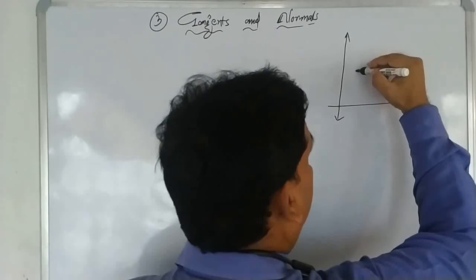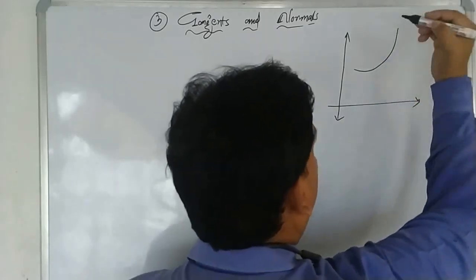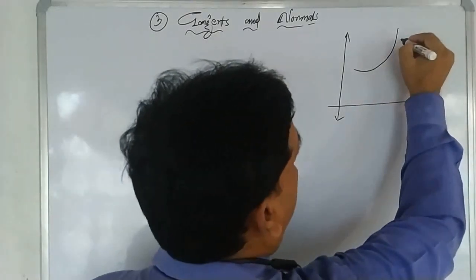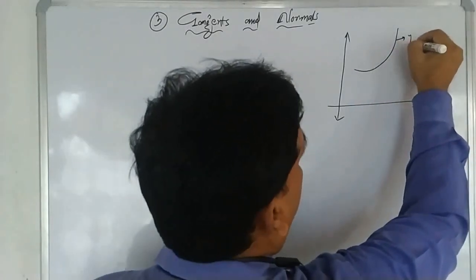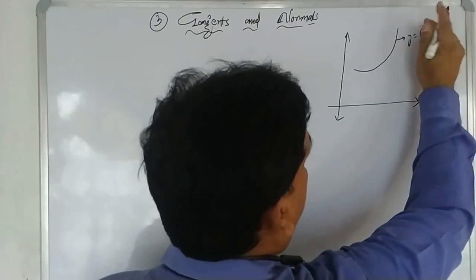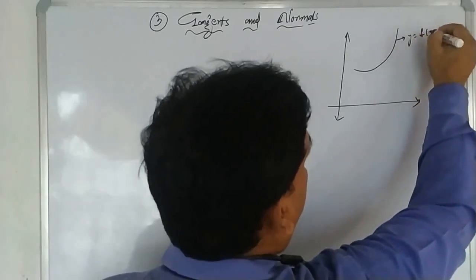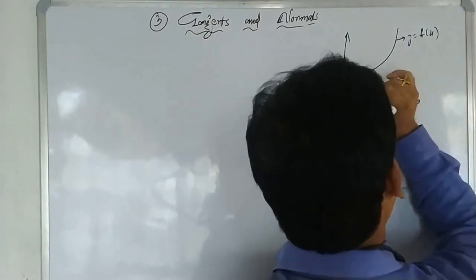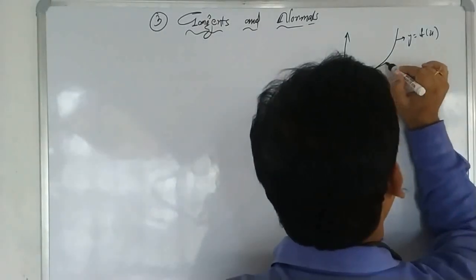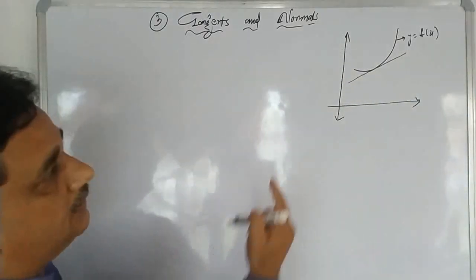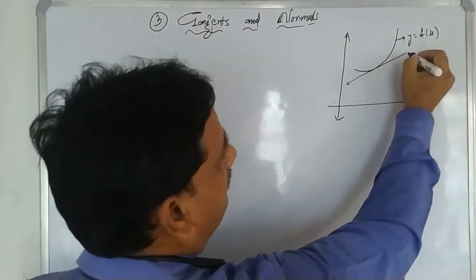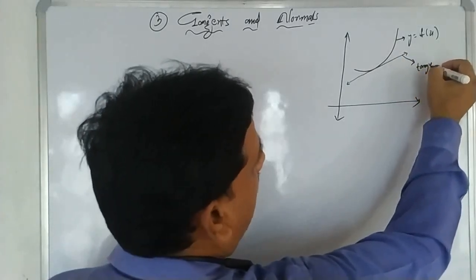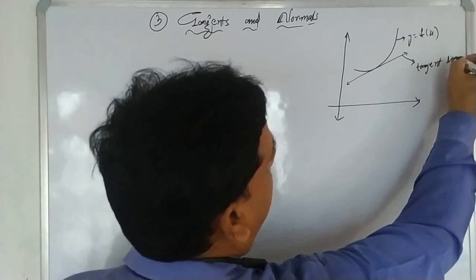See, suppose this is a curve. The equation of the curve is given by y is equal to f of x. Then this is called the tangent line.